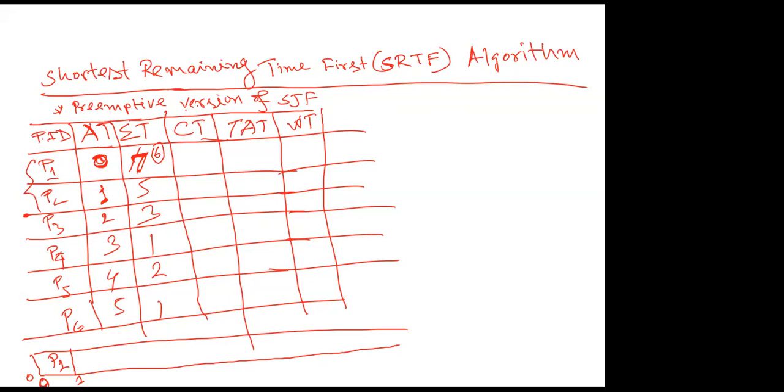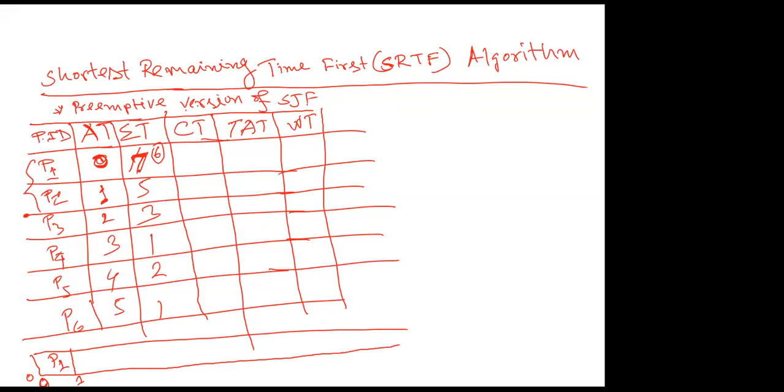Your P1 requires 6 time units to complete its execution, but P2 needs a total of 5 time units. So which one will SRTF give priority to? SRTF will give priority to process P2 because it needs the least burst time.